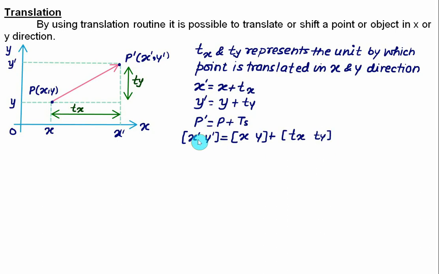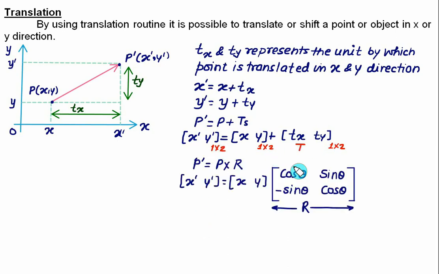So x prime is equal to x plus Tx, and y prime is equal to y plus Ty. Now the size of the matrix here is 1 by 2. This matrix size is 1 by 2 and this matrix size is also 1 by 2. This is called the translation matrix T.